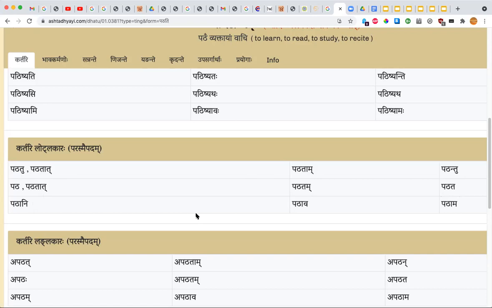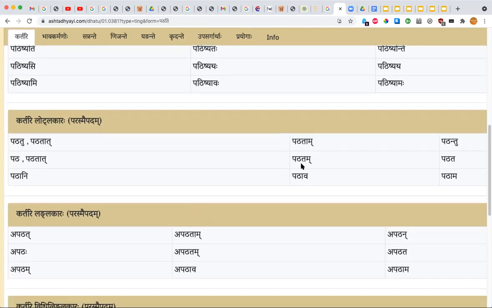Some simple patterns to remember this by: Patatam in Lot Lakara, in Lang Lakara it will be Apatatam. We just add a in front. Instead of Patata, it will be Apatata. Uttama Purusha also, instead of Patava, it will be Apatava and Apatama.